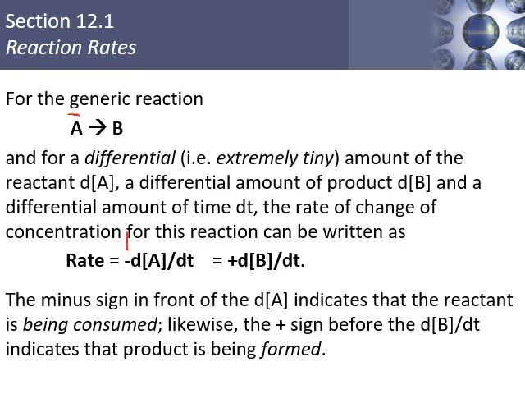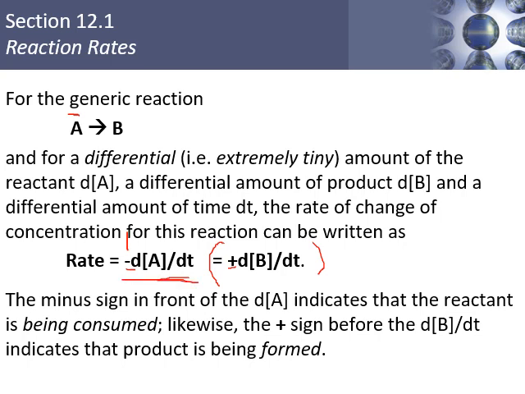Let me say it this way. Another way we could write that would be, instead of writing delta A over delta T, we can write this as dA over dt. And if you haven't had calculus, you wouldn't be familiar with this, but the d just stands for a differential, or a tiny amount of A or time or B. So I'm going to put a parenthesis around this part over here. We could either write that it's the change of A with time that's minus, or we could write that it's the plus change in time of B. But we usually just worry about this part.